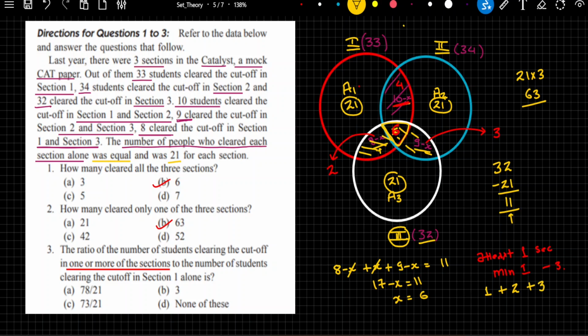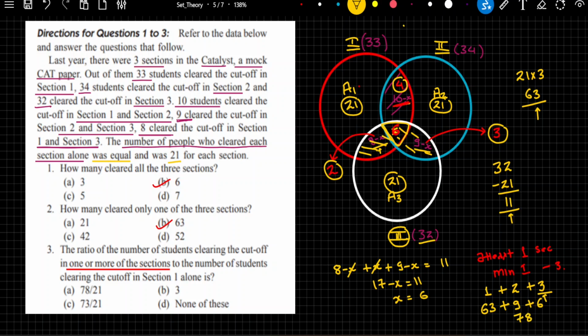Students who cleared cutoff in only one section, I already know these are total 63, plus those who have cleared cutoff in exactly 2 sections. So 2 plus 3 plus 4, this is going to be 9. And then students who have cleared cutoff in all the 3 sections, these are 6. So if you add everything, you'll get 78.